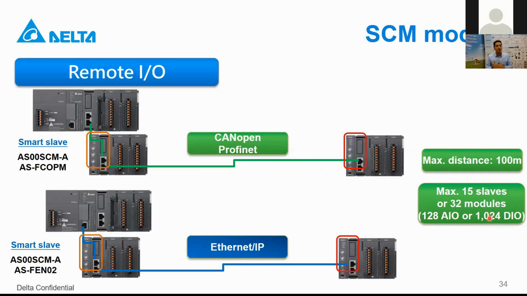For instance, this is up to 15 slaves, but if you reach the 1024 digital inputs in 13 slaves only, then you cannot wire another one. But if you meet these two conditions, you can mount up to 15 slaves. Let's say 15 SCM modules. Okay. Thank you for the question.